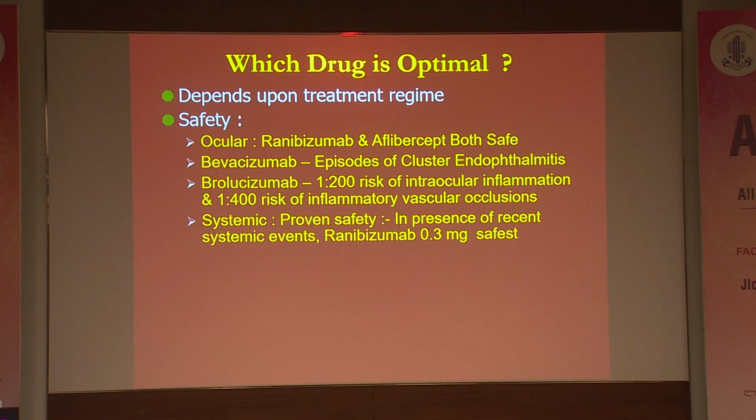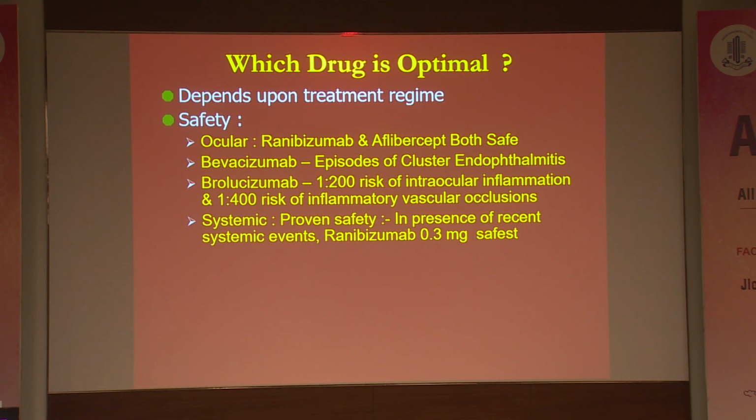Which drug is optimal? Now, if you talk about safety, both ranibizumab and aflibercept are safe. Bevacizumab, the only issue we've had are episodes of cluster endophthalmitis, which has actually scared me completely. Maybe I'm more of a scaredy cat. With brolucizumab, there is a risk of 1 in 200 of intraocular inflammation, and a risk of 1 in 400 of inflammatory vascular occlusions.